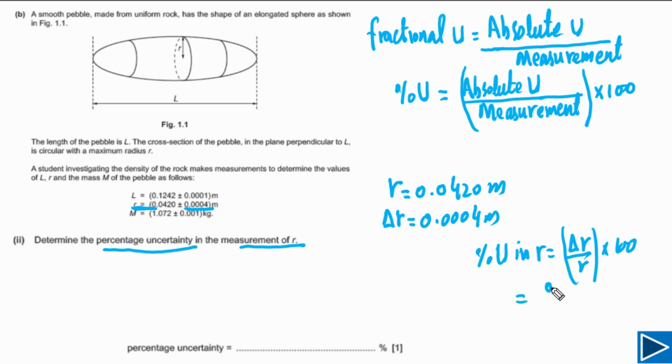So delta R is 0.0004, divided by 0.0420, multiplied by 100. If we calculate this, our answer will be about 1%, and this is the answer for this question. And this question has only 1 mark, and this is an answer mark. If you got the right answer, you will get this mark.